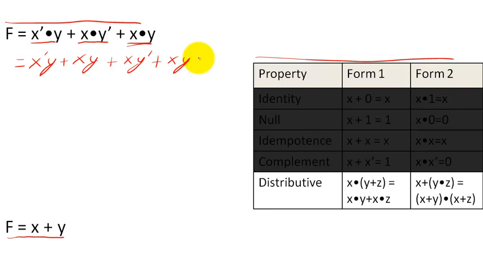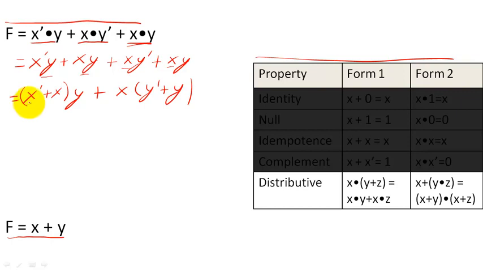The next, I want to use distribution because now that I have these common literals, I'm going to do two distributive properties, and I'm going to have x prime or x ANDed with y. I'm pulling out the AND and the y, or I'm going to pull out this x here, so I'm going to have x, y prime or y.